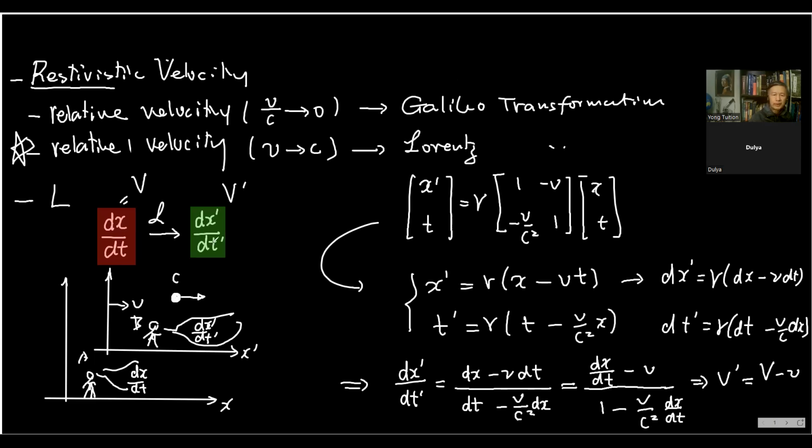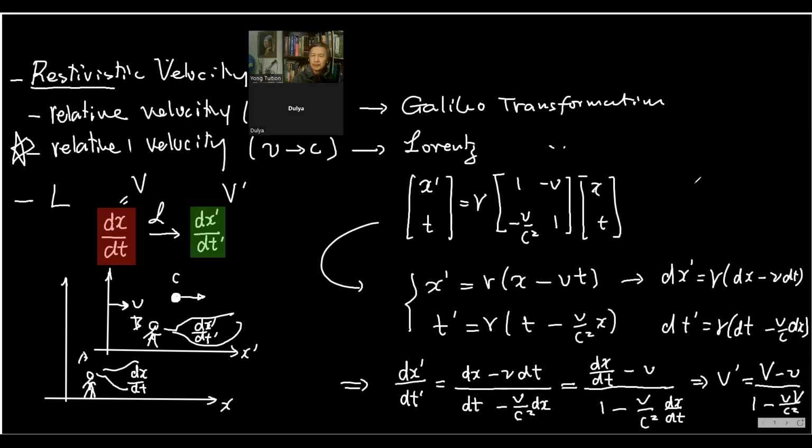Small v is the relative velocity between the two frames, right? And divided. So that's different from Galileo's. Divided by this, you can put it as 1 minus v times the capital V divided by c squared. So we got it. That is the transformation of velocity.